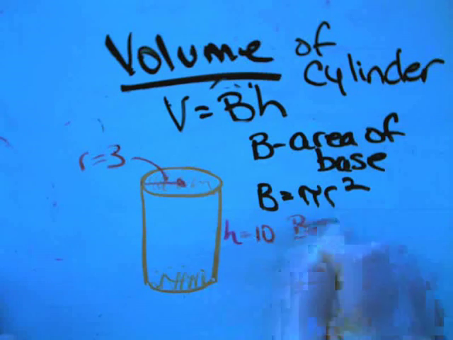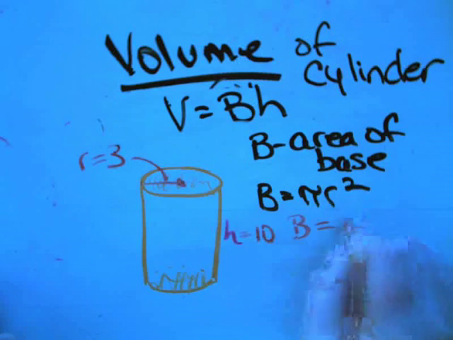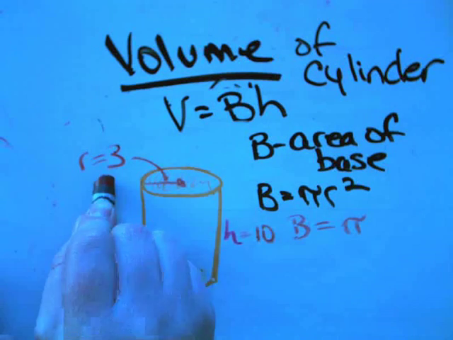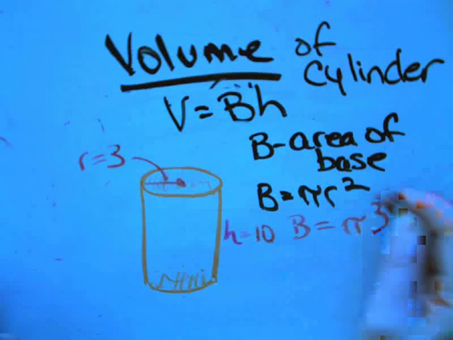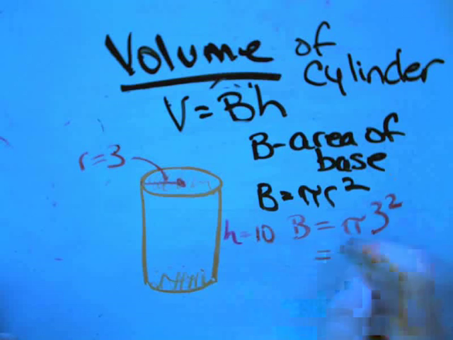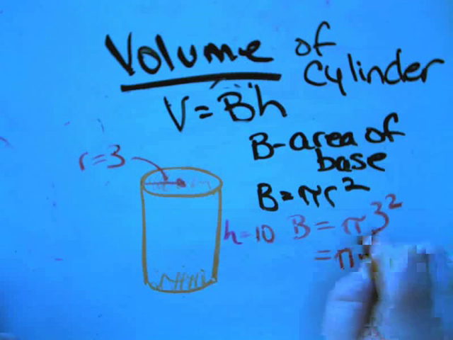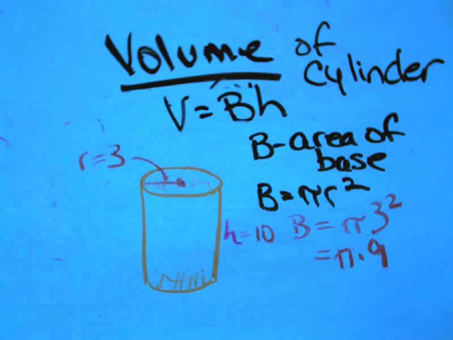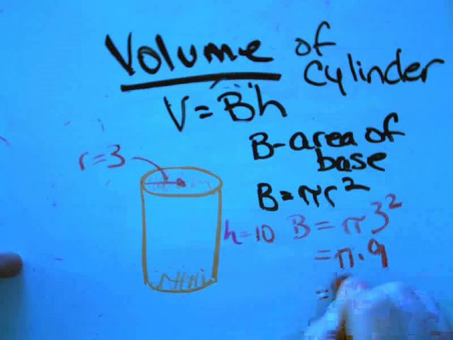So B equals pi times 3 squared, which is pi times 9. Okay, so if I do 9 times pi, I get 28.27.